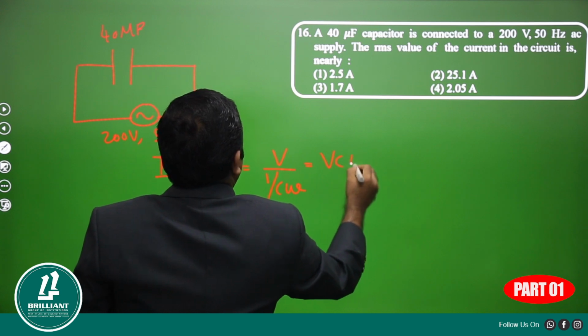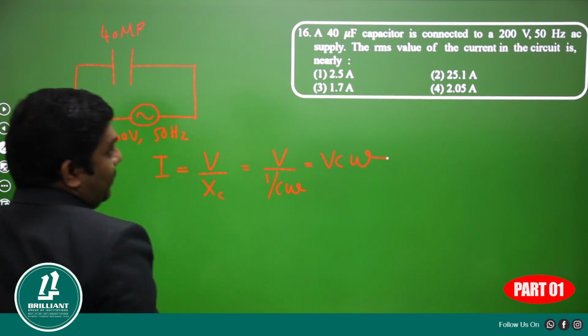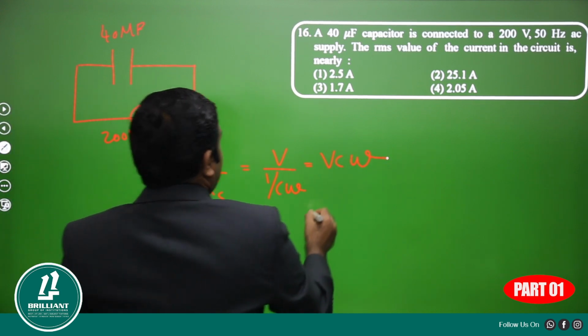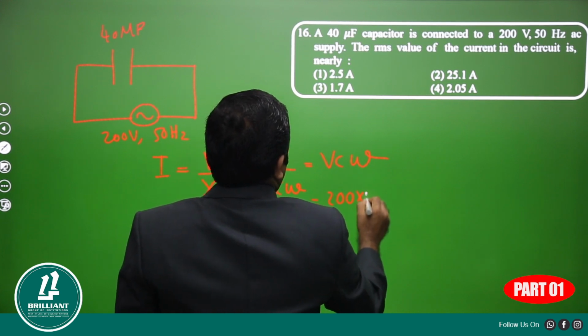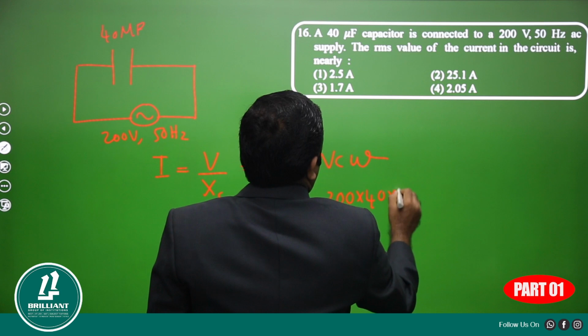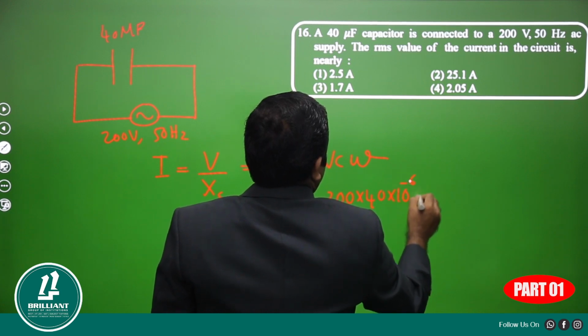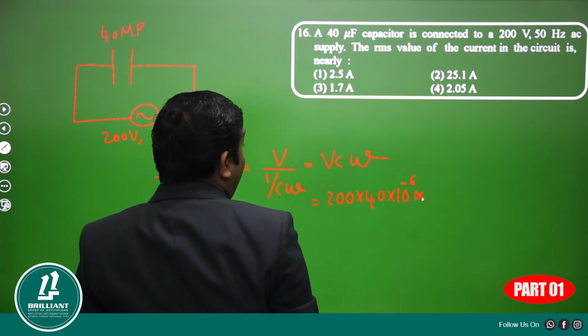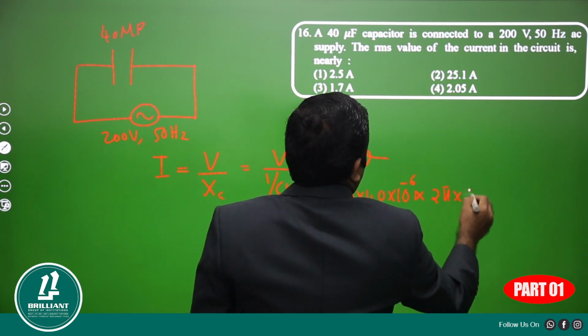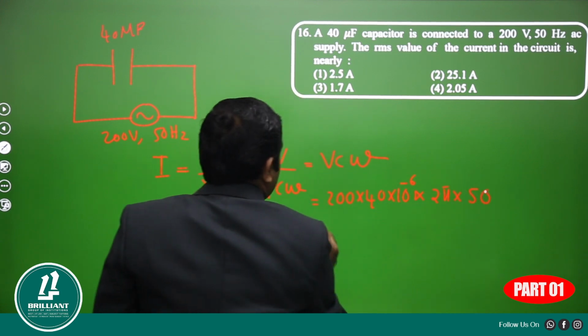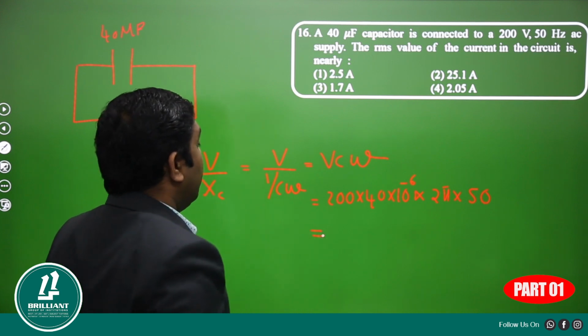Now all data are given. Voltage is 200. Capacitance is 40 into 10 raised to minus 6. Omega is 2 pi F. So 2 pi into F, where F is 50. Simplifying, we will get the answer correctly.